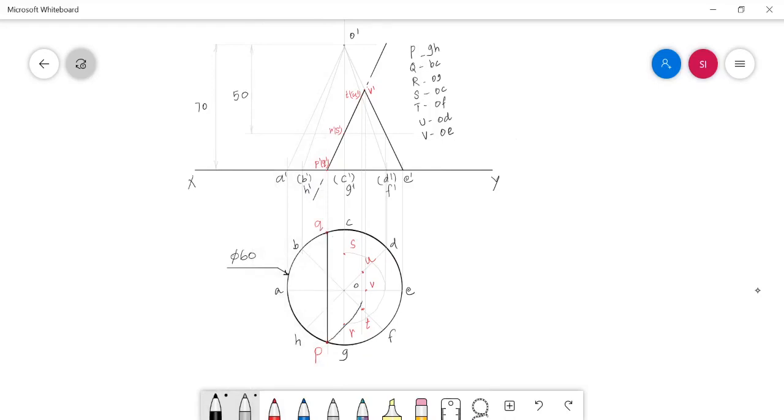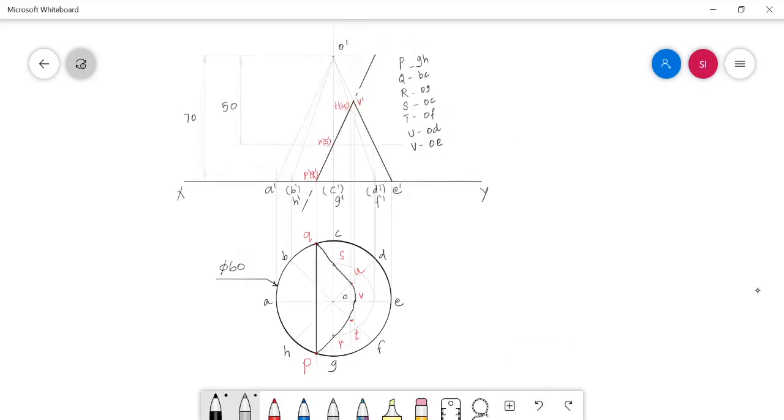For this, you can use French curve. Now the work is over.